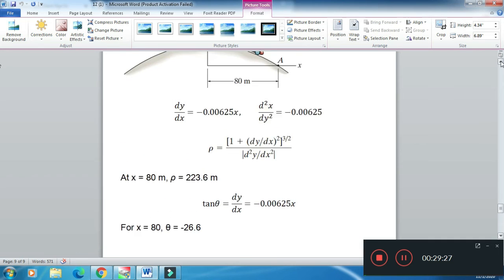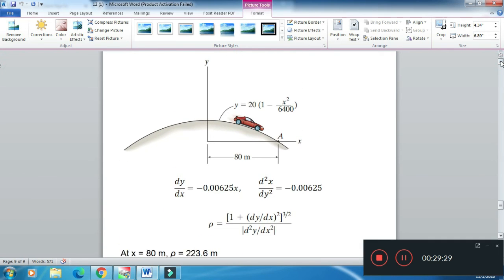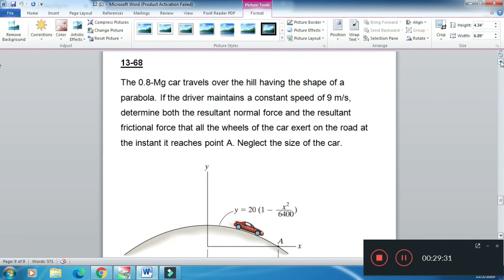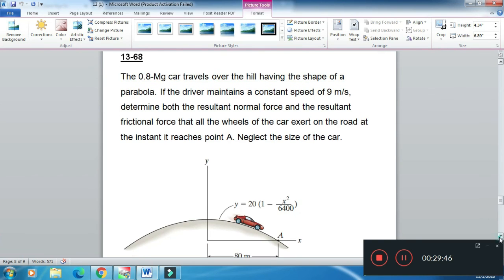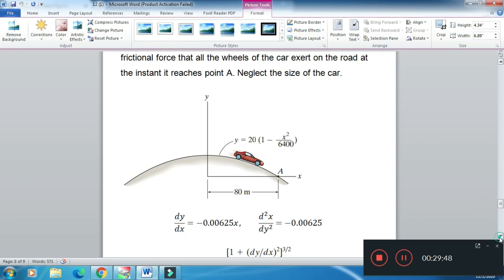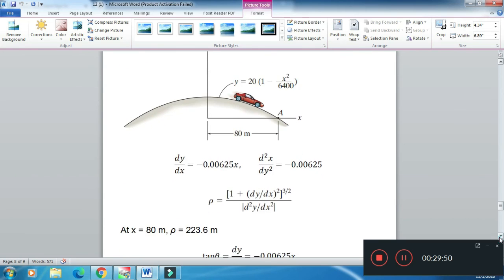The value of the forces will depend on x location. If suppose the x location is 40, then we have to solve the entire problem by substituting x equal to 40. The radius of curvature will be different at location x equal to 40.